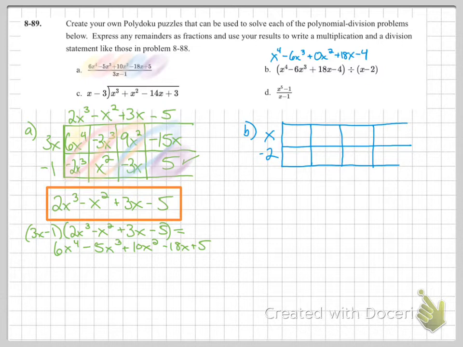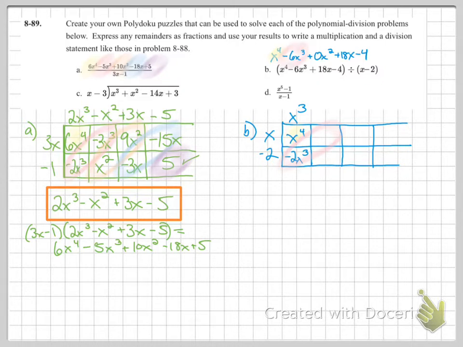That's going to be super important when we start our division. So first term in the first box. Left times the top has to equal that, so it must be x cubed. Bottom left times the top. That diagonal is supposed to equal the next number.